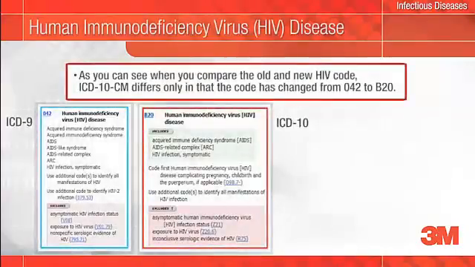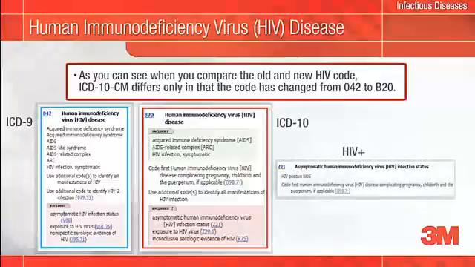The only thing that has changed with regard to HIV disease in ICD-10 is the actual code number. It changed from 042 to B20. However, there is currently an opportunity for improvement in documenting this diagnosis. Sometimes we use the term HIV positive for patients who have AIDS.